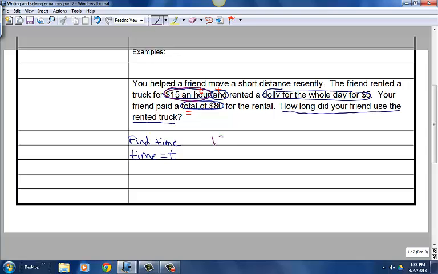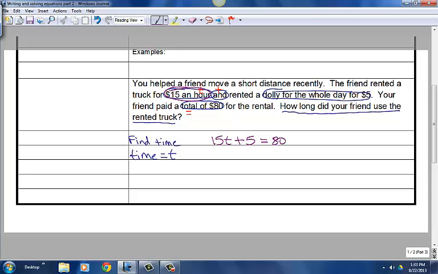So I know that $15 times every hour is going to be represented by 15t, 15 times t. And I already know that means to write a plus sign. And we're going to add on the dolly for the whole day for $5. It's just a $5 charge because it doesn't say $5 per hour or per anything else. Then I keep reading. Your friend paid a total, that tells me to write the equal sign, and then it just flat gives me the 80.